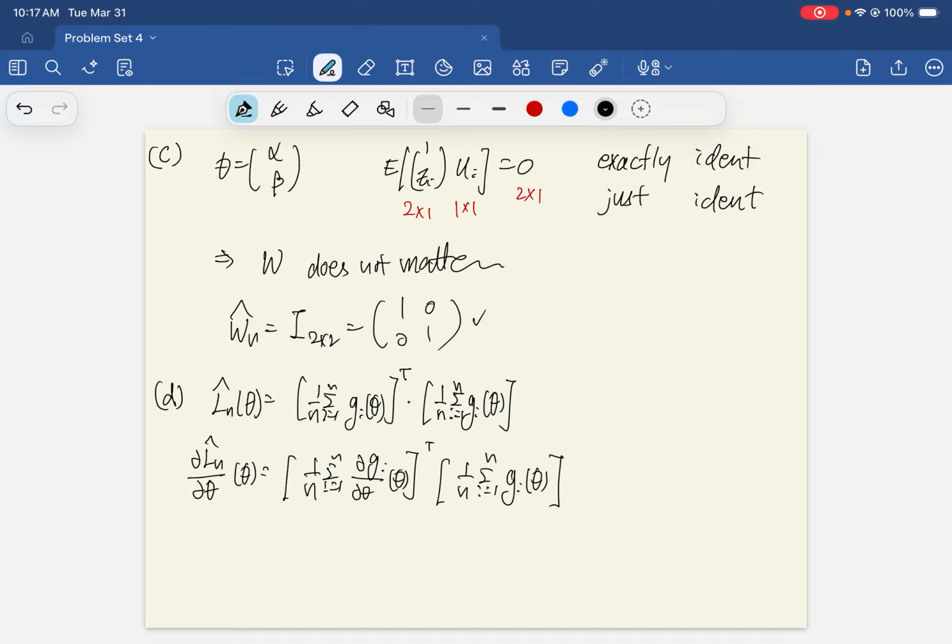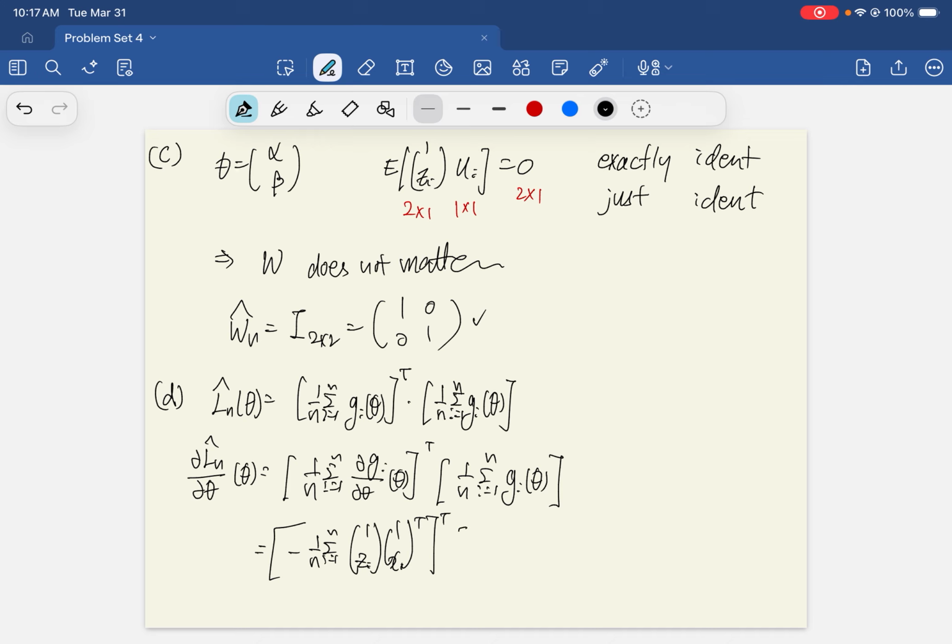So if you do the simple math, you are going to see that this is minus the summation of (1, z) and (1, x) transpose. This is the first part.